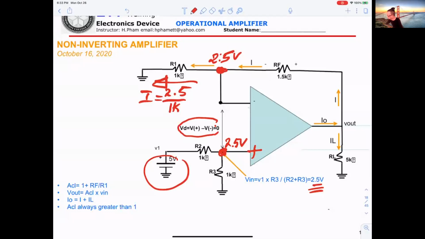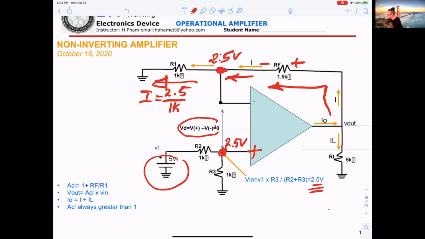And this current cannot come from here. The op amp has no current in here. But it will come from the output here. The positive here and the negative here. So this current will go to this point, then it cannot go into the op amp, then it will go to R1.